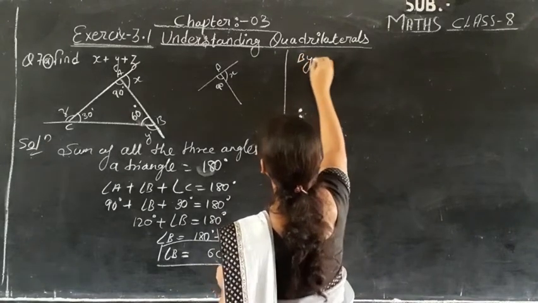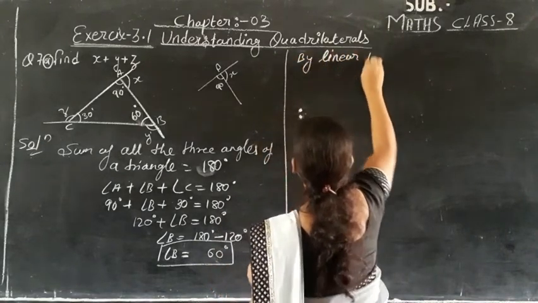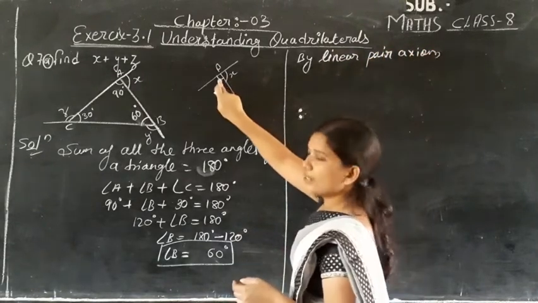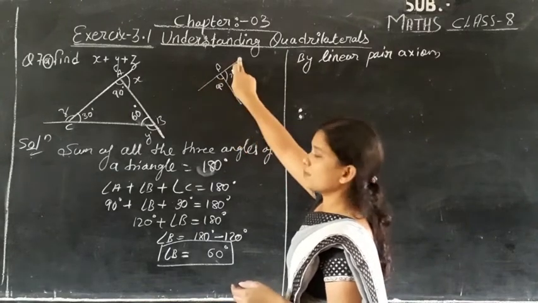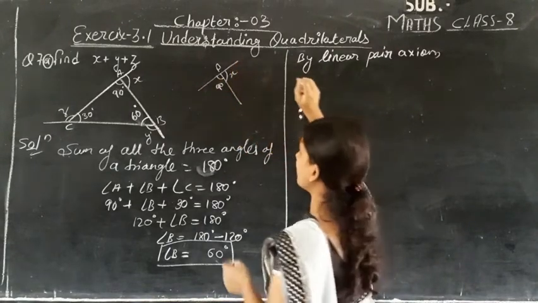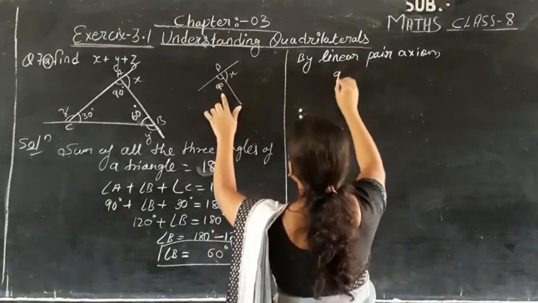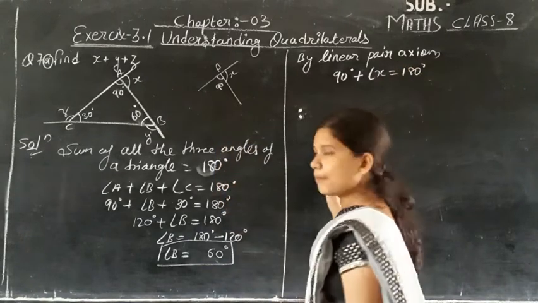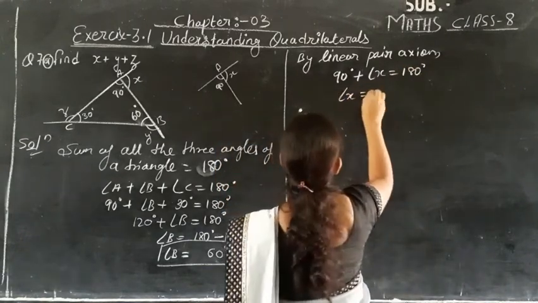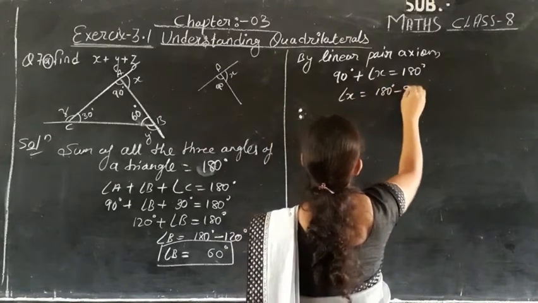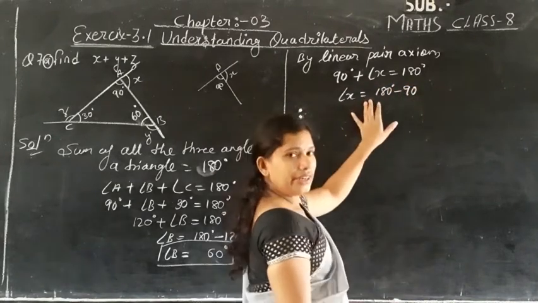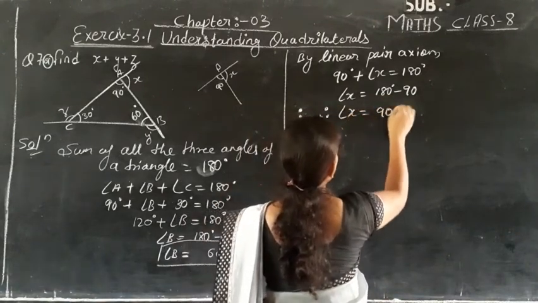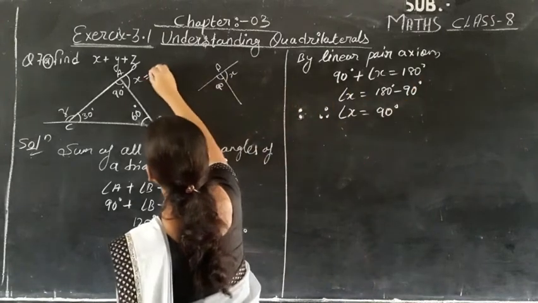The linear pair axiom is applicable here because the angles are made on a straight line. So according to the linear pair axiom, 90 degrees plus angle x is equal to 180 degrees. Then 90 will be transposed from the left hand side to the right hand side, and it will become angle x is equal to 180 degrees minus 90 degrees. Therefore angle x is equal to 90 degrees.